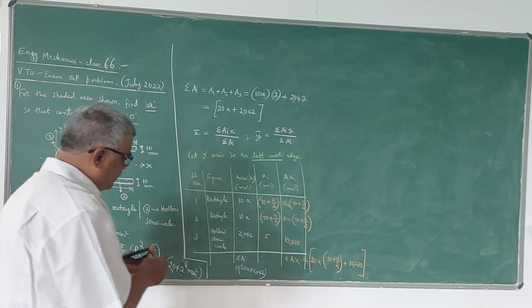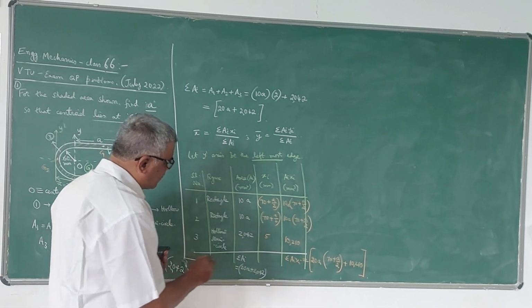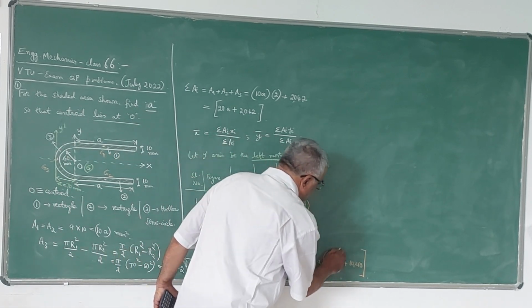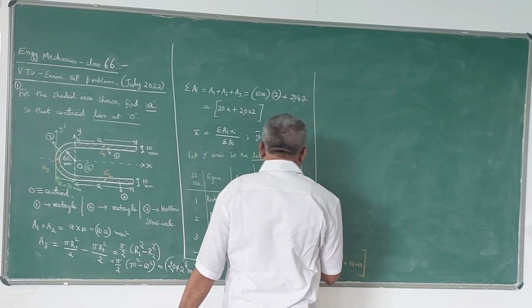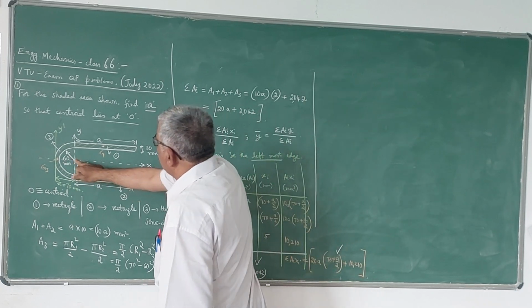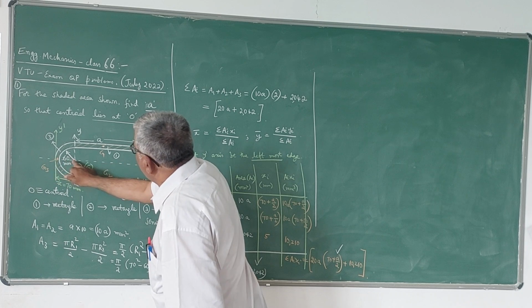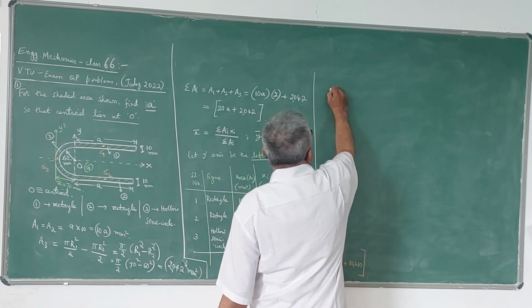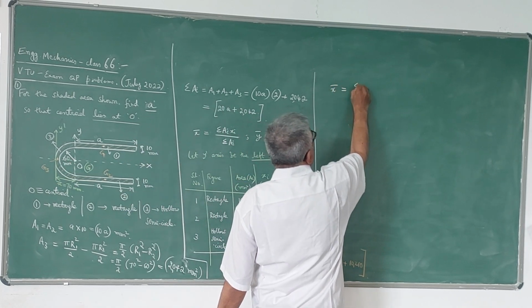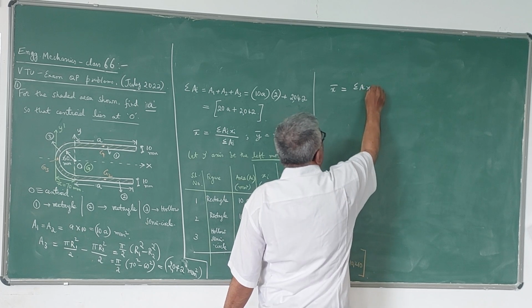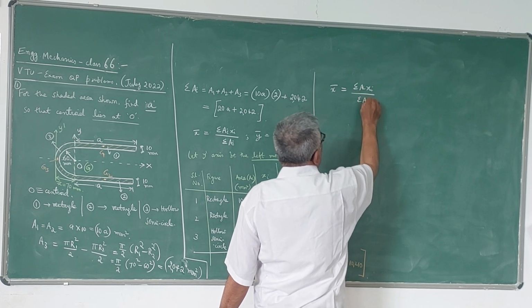Now we know the value of sigma ai, we know the value of sigma ai xi, and we know the value of x bar also. You can see that x bar from here to here is 70. So let us use the formula: x bar is sigma ai xi divided by sigma ai.